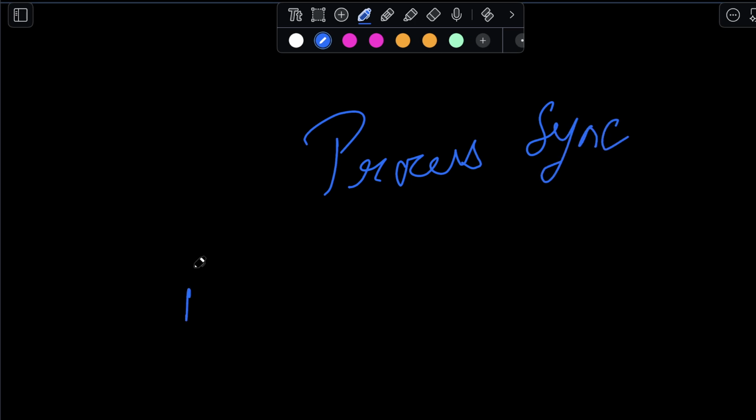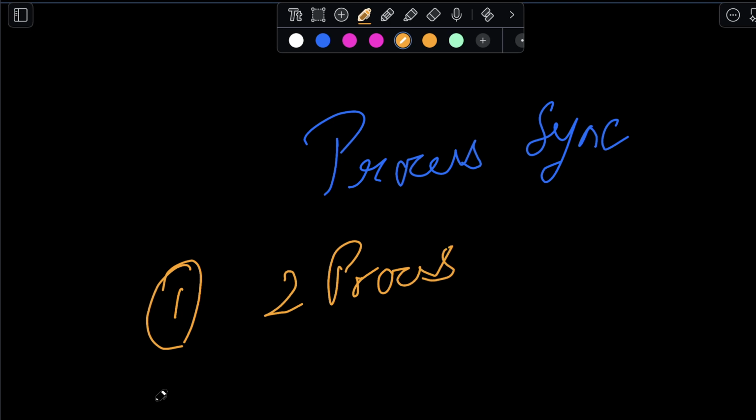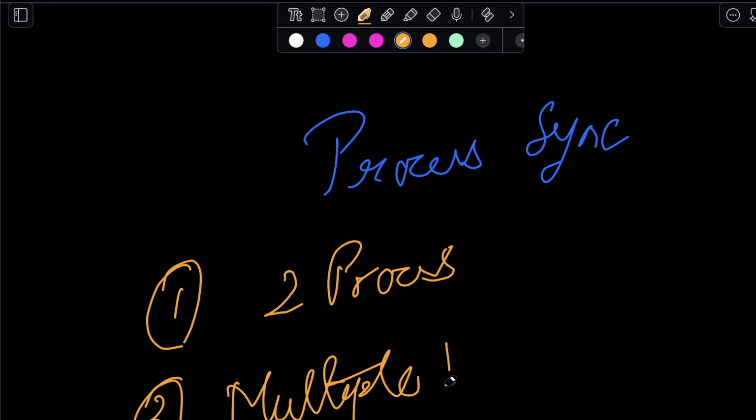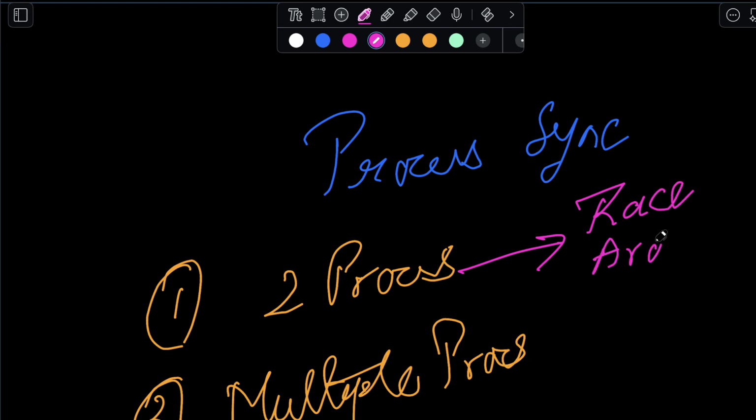First is for two processes, and second is for multiple processes. When you have only two processes, the only problem that you run into is the critical section, that race around. They are intertwined.